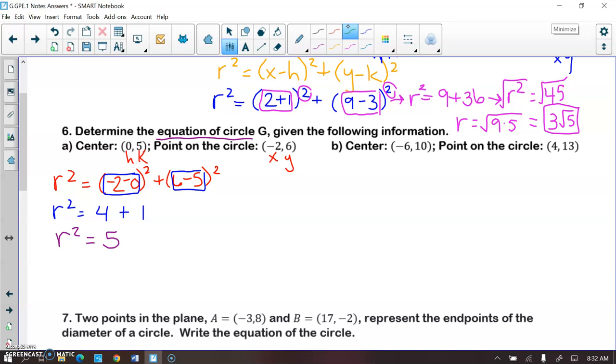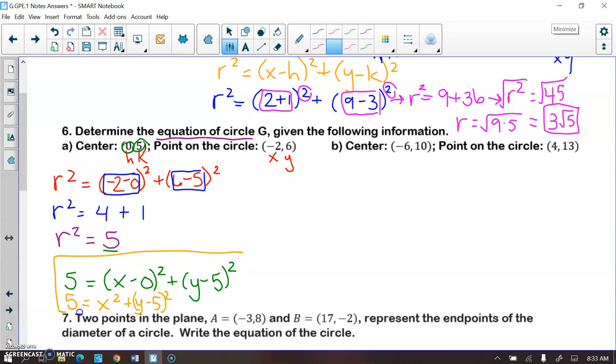The equation of my circle is 5 is equal to (x minus your h, which is 0) squared, plus (y minus your k, which is 5) squared. And that's it. You could also write it as 5 is equal to x squared plus (y minus 5) squared. That would be acceptable for this one. But these are the only two acceptable answers.